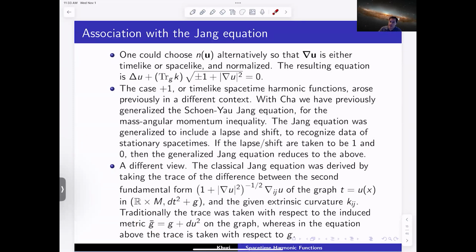So you could think of this type of space-time harmonic function as giving a deformation to a place where you almost have non-negative scalar curvature, and then can apply the Riemannian versions of such results, just like Schoen and Yau did. But this has not been completely exploited yet, though it's something of interest.